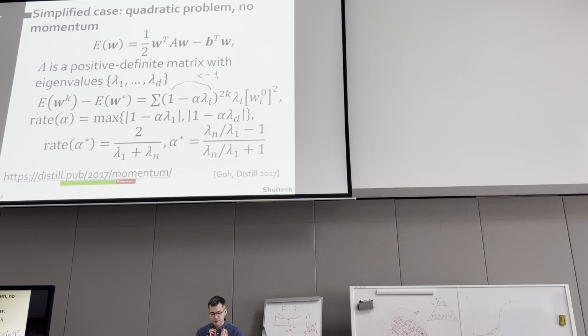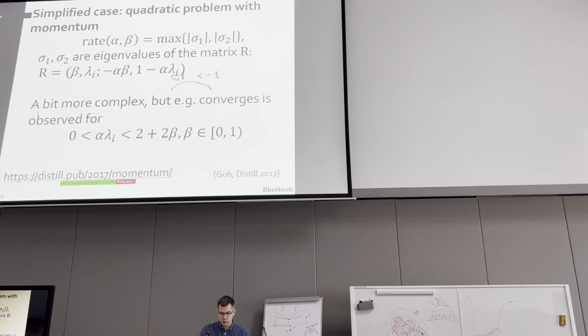If you select alpha to be too small, we obtain the convergence, but it is very slow, because this guy would be very close to 1. It's not a good thing. So there is some optimum in between these two things, and we can calculate this if we know exactly the problem to be solved.